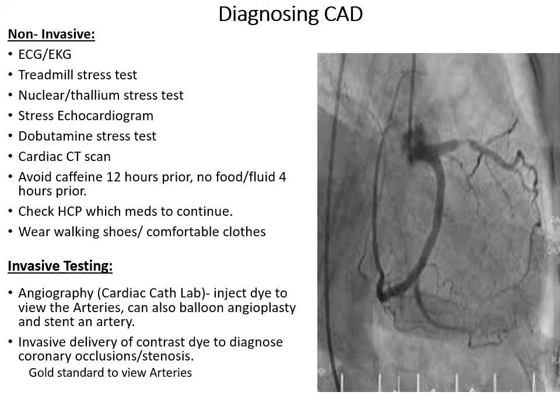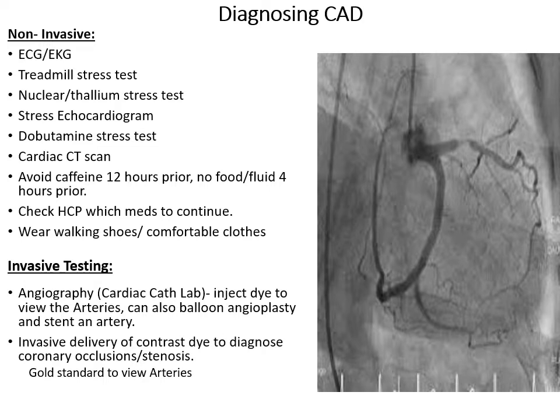So a stress echocardiogram will tell us a lot of information about how the heart is pumping, and you can see the chambers of the heart pumping. And when we stress the heart by you running fast, we can bring out abnormalities on a stress echocardiogram.